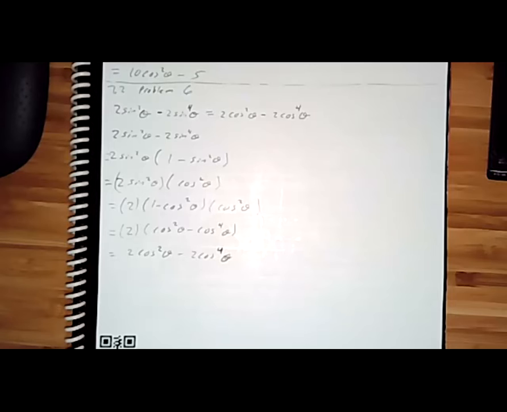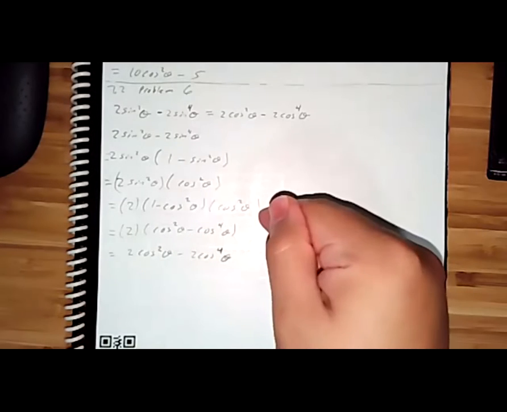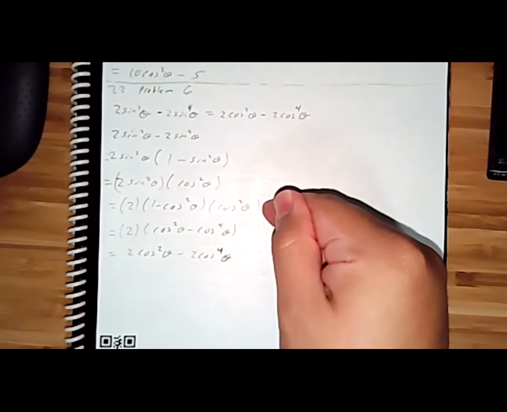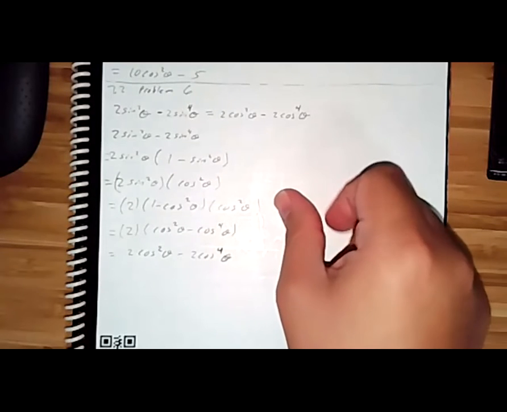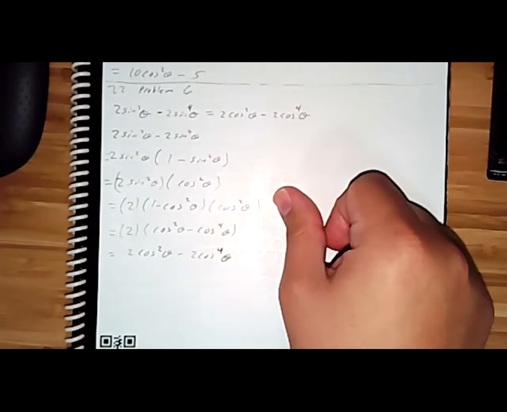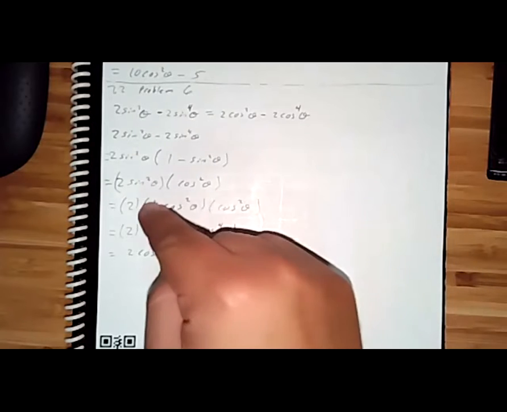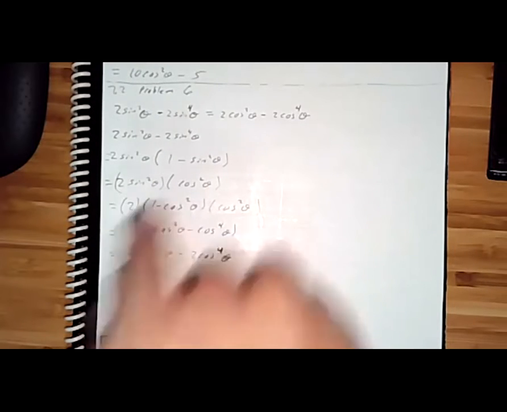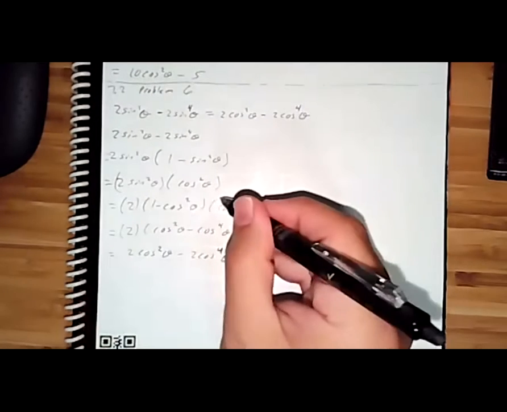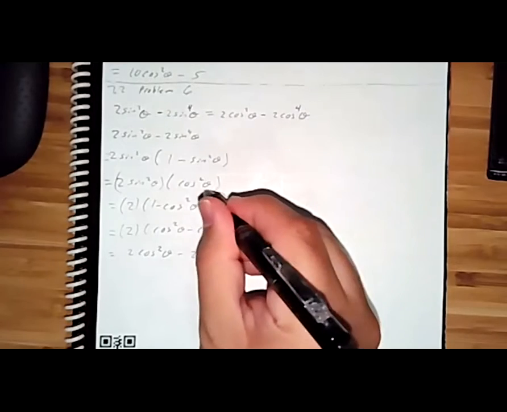Sir? Real quick. So in the row that is the third from the bottom, that one. So when you have that 1, just double checking, how are you getting rid of that 1? Are you distributing the cosine squared on the other side? Yeah, doing cosine times both.